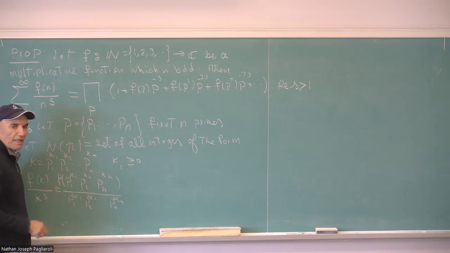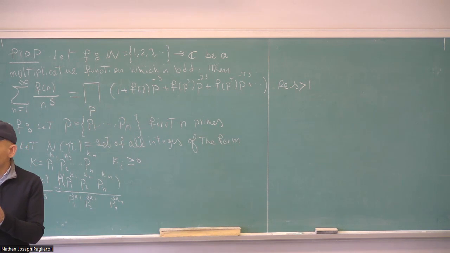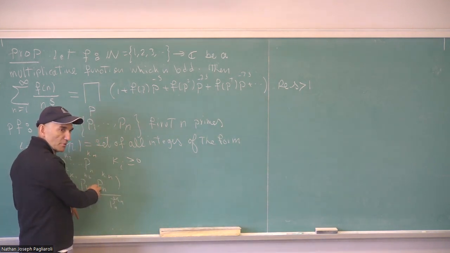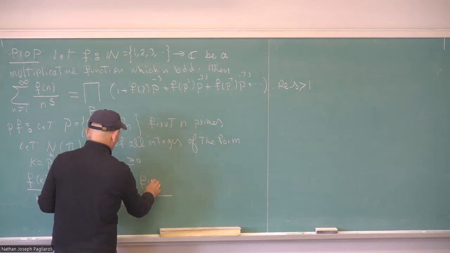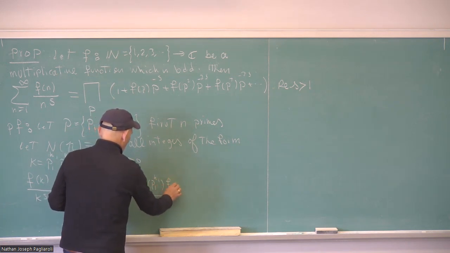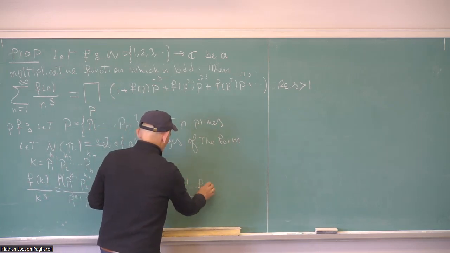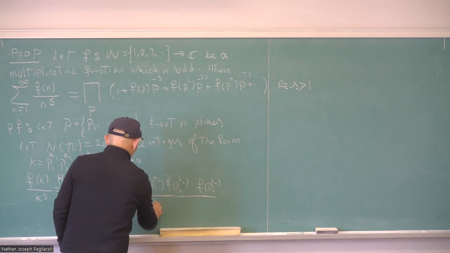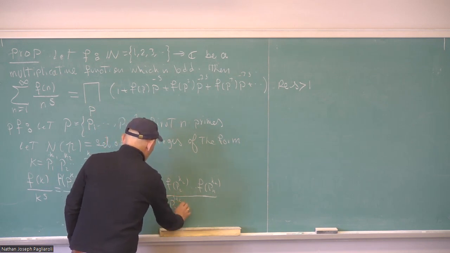Because f is multiplicative, and multiplicative means that anytime you have two things relatively prime to each other, you can decompose the values of them. These are distinct primes, so they are relatively prime.